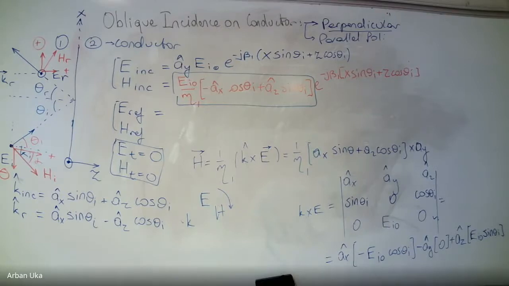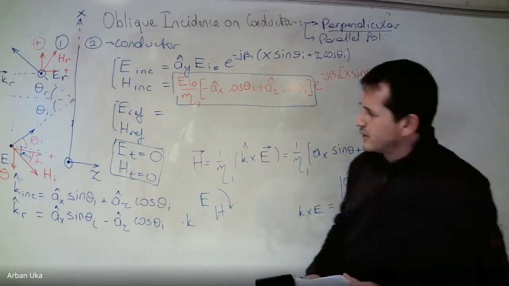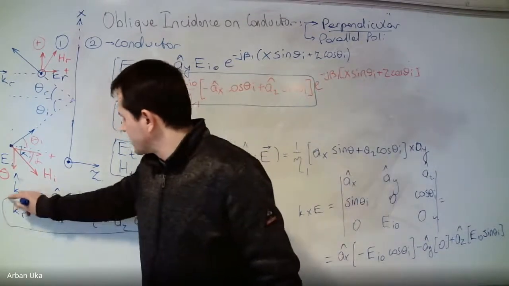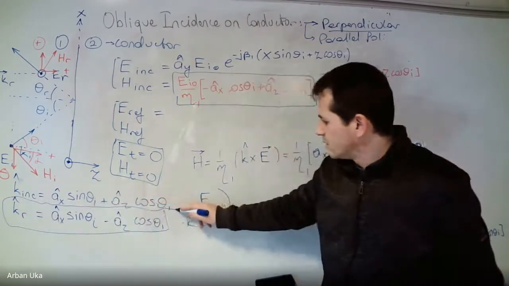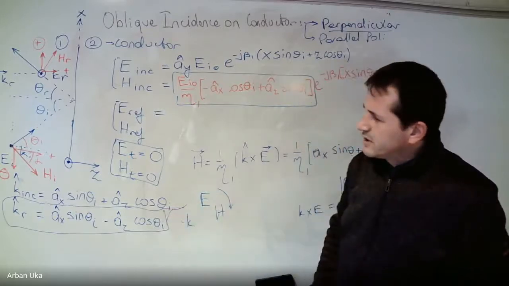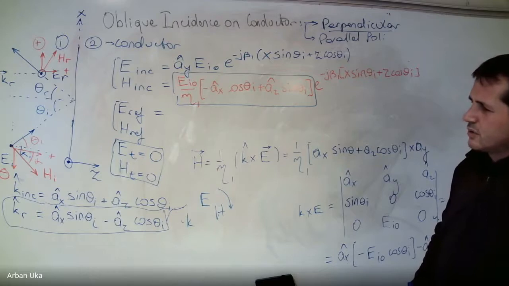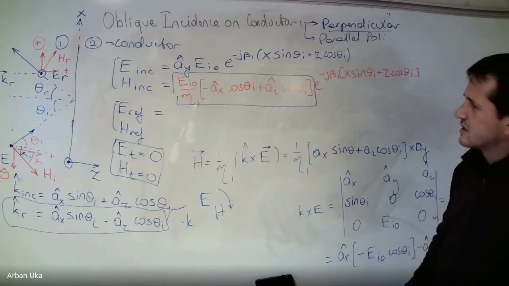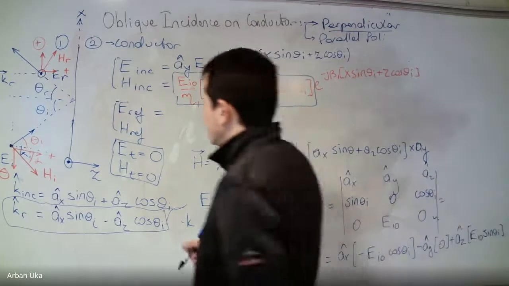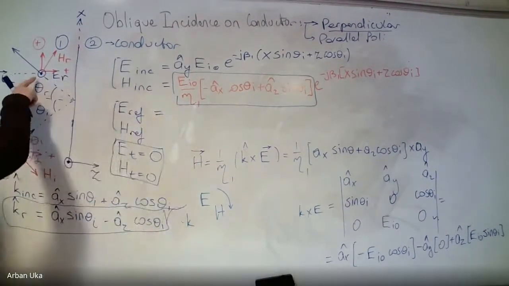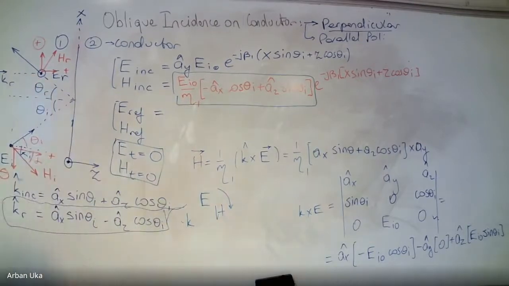Now this was for the incident wave. We have to do the same for the reflected wave. When it comes to the reflected wave, we did an important part of the steps. We tried our best to identify the projection of the KR onto the orthogonal coordinate systems, which is X and Z. And in this case, we know the KR, and we try to identify now what is the E reflected.